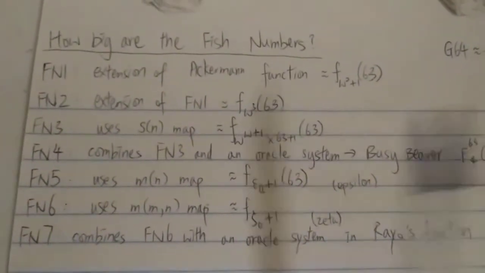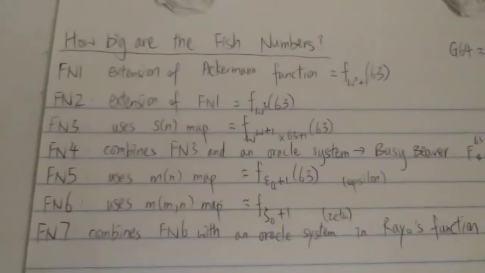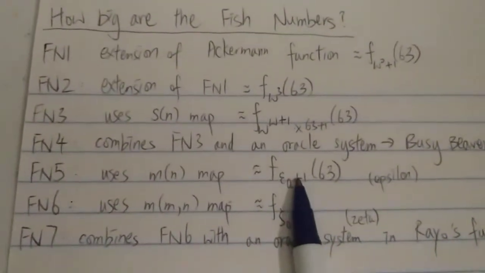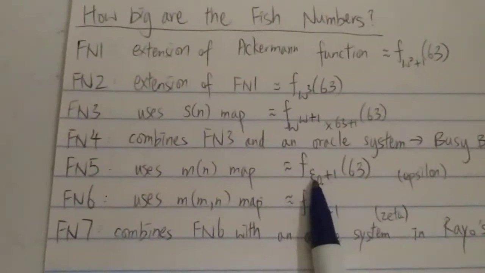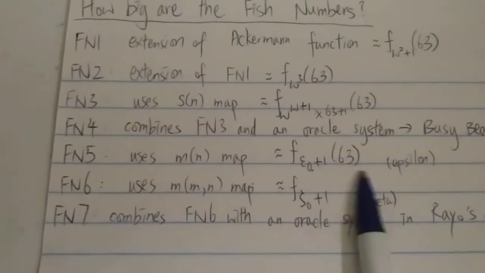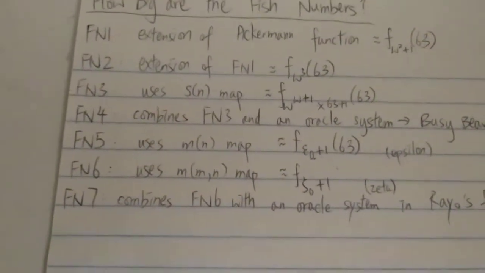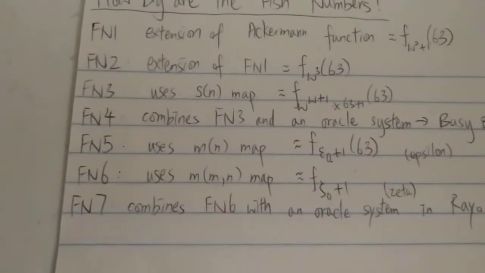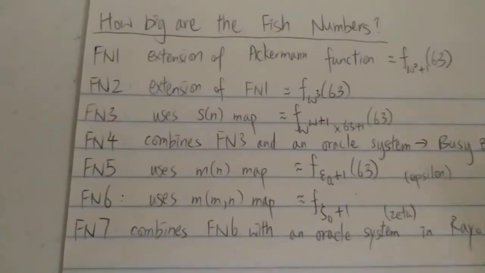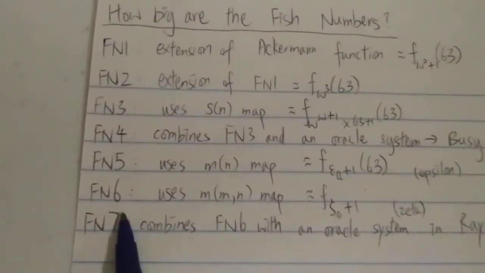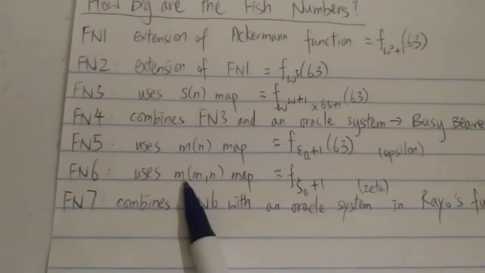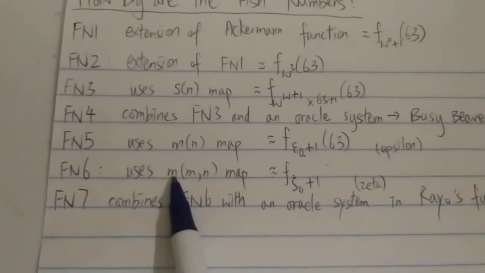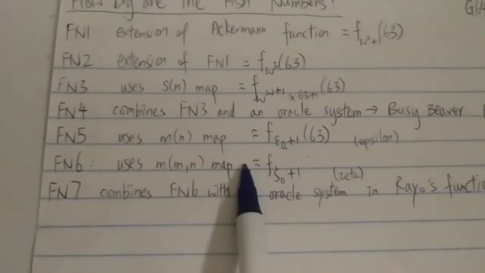So here is already much bigger than Graham's number, but this is still not yet arrived at level 3. This is still much smaller than 3 because the ordinal for 3 is much bigger and more complicated. And then the next one, fish number 6, uses an even more powerful thing called the M of n map.